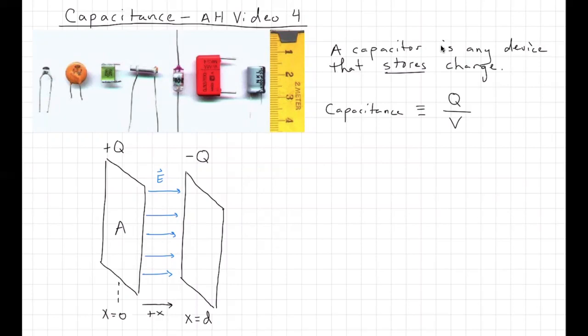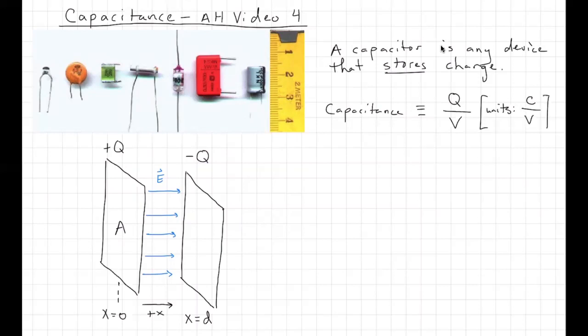This may not make a whole lot of sense right now, but we'll work through an example shortly where hopefully it will make more sense. One thing to point out is that the units for capacitance are pretty weird. If it's charge, the units are coulombs, and voltage on the bottom, so that's volts.